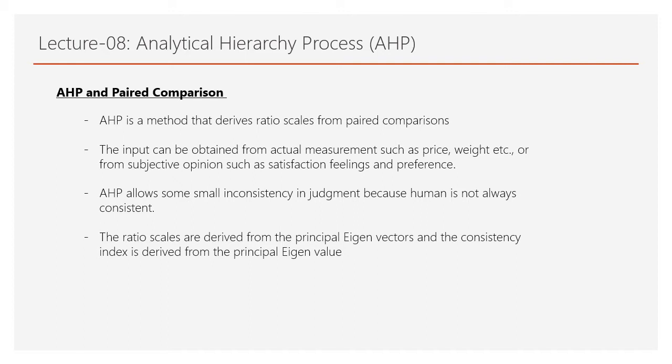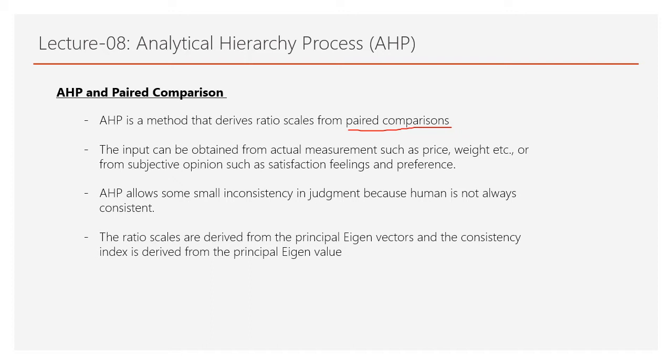In this regard, AHP is a method that derives the ratio scales from paired comparison. So paired comparison is whenever you're comparing relatively one criteria to another or one item to another.